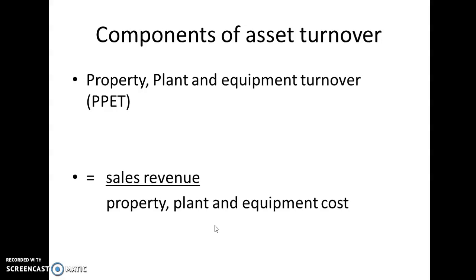If the ratio is high, it means that the company uses the fixed assets in an efficient way. If the ratio is low, it means that the company is not utilizing the assets in an efficient way.